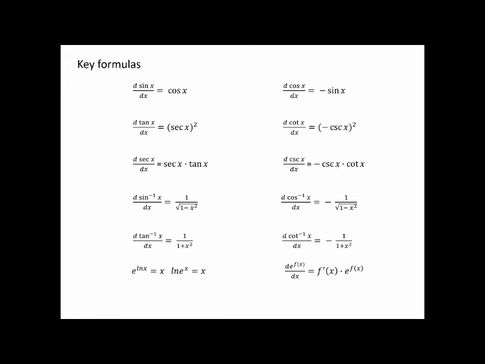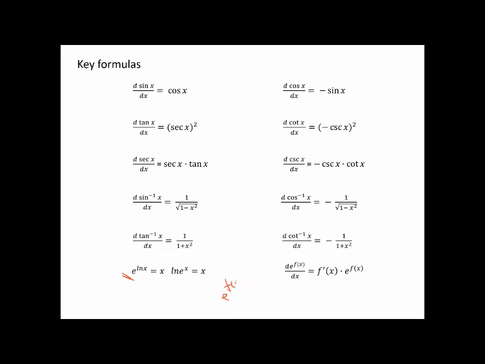You're already familiar with these formulas; I already mentioned them in the drill, and I want to mention them here. e to the ln x equals x, and ln e to the x also equals x.